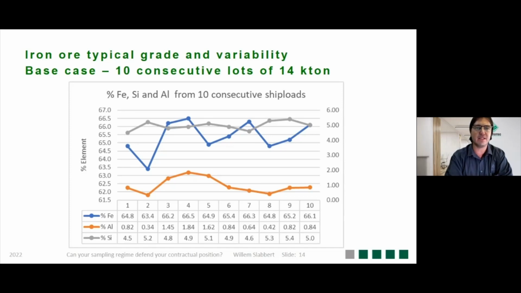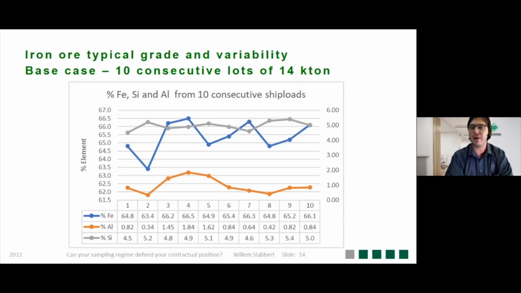On this graph, we can see the iron ore grade measured on the primary axis on the left-hand side, and aluminium and silica grades measured on the secondary axis on the right-hand side of this graph. We can see a fair amount of variability in the iron ore, but bear in mind, around an average result of 65%, we only dip as low as 63.5 up to 66.5.